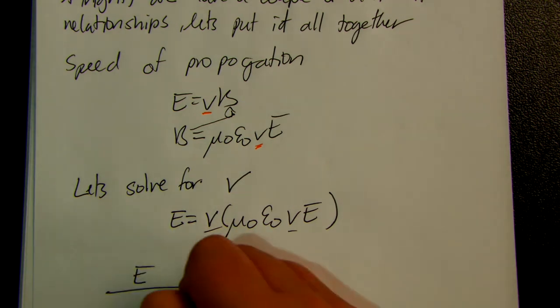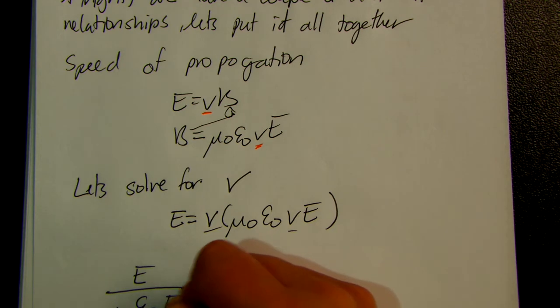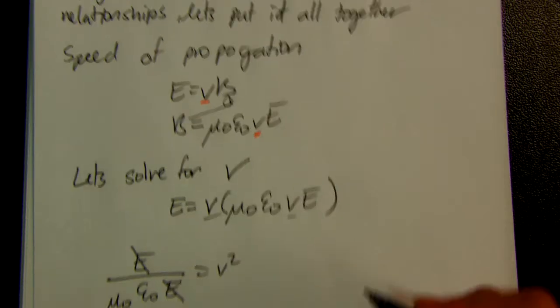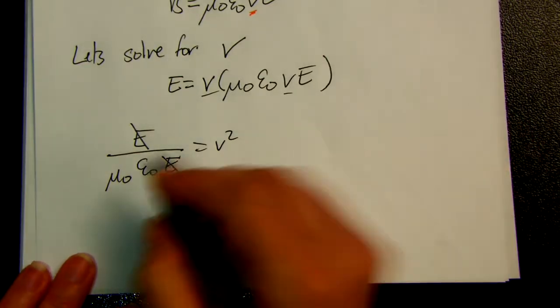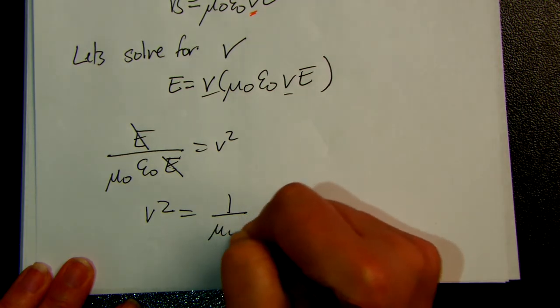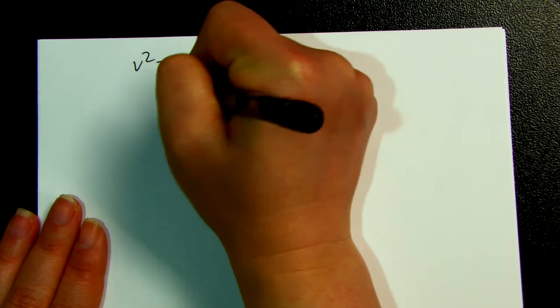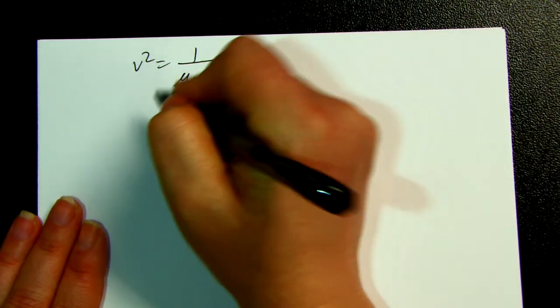So we've got E over mu naught epsilon naught E is equal to V squared. Interesting. V squared is equal to 1 over mu naught epsilon naught.